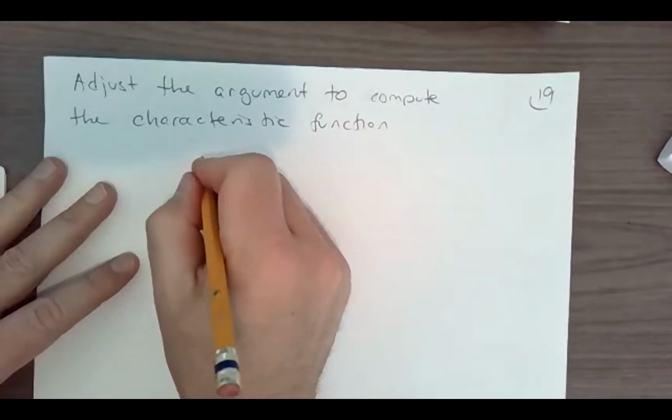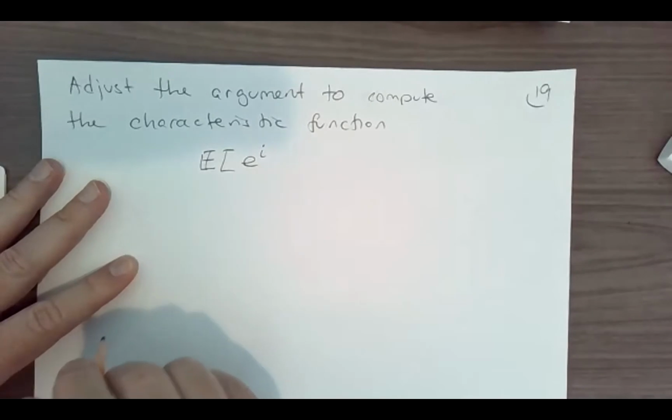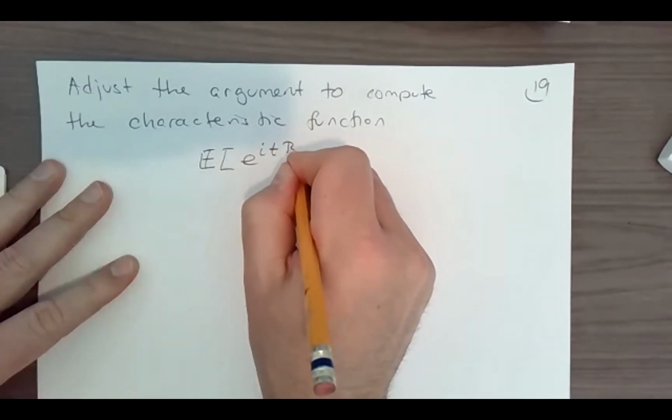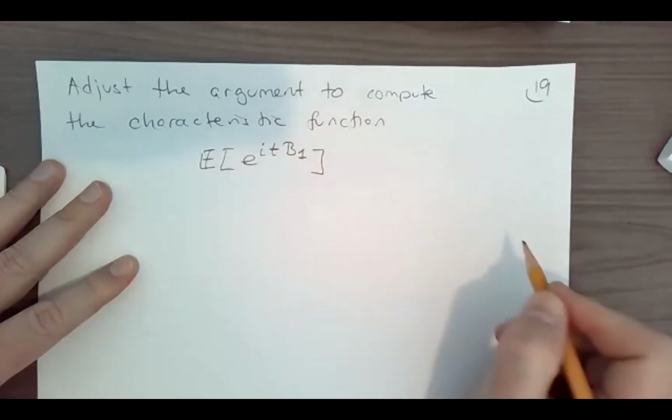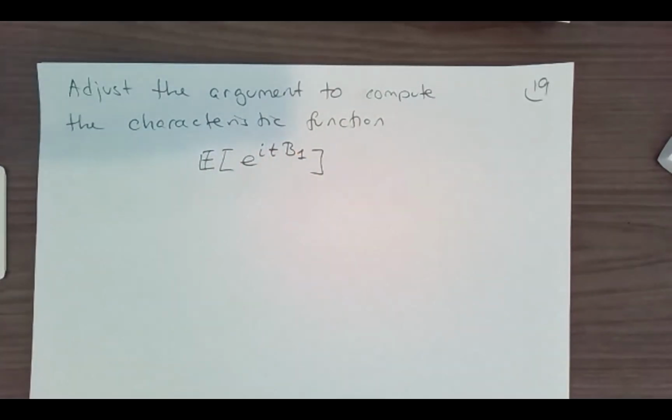This is the expectation of e, and then now we have an i here, tB1. So now we have the i, and the argument has to be different.